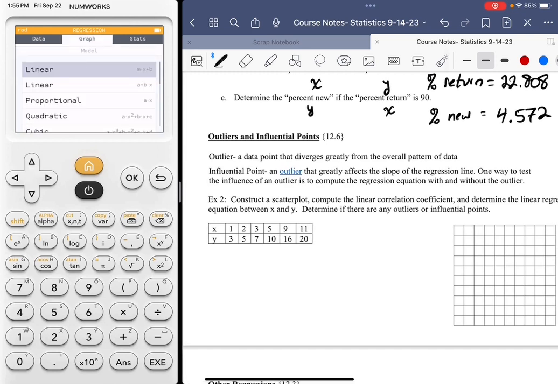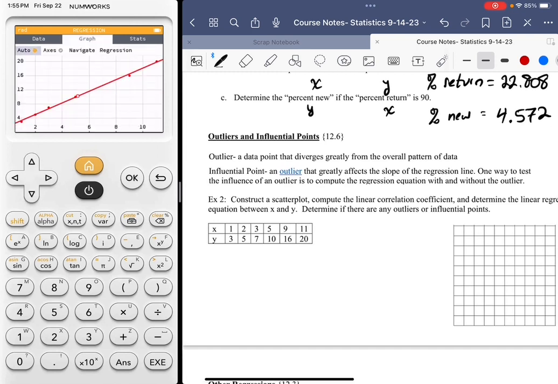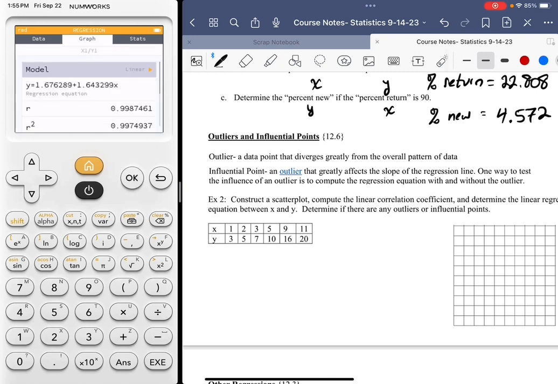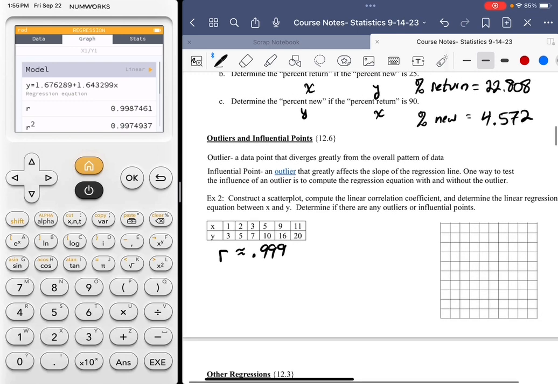So we go into regression, select linear, go back into regression. The correlation coefficient is R, so R is about 0.999. The regression equation, y hat equal to 1.676 plus 1.643x.